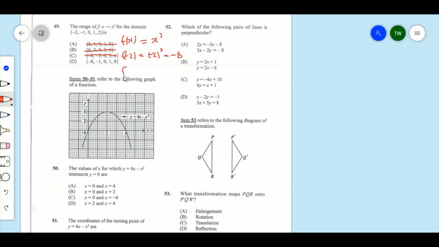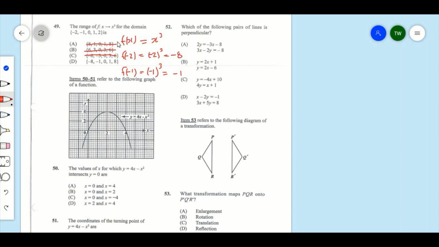So if we find f(-1), then f(-1) is going to equal (-1) all cubed, which is going to give us -1. So another value is going to be -1.